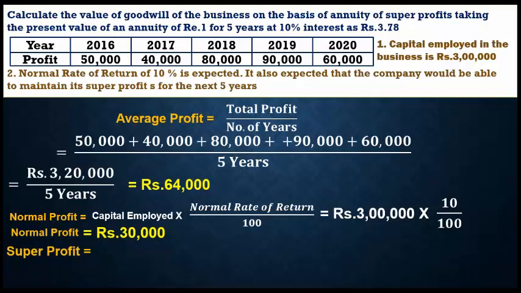Okay, super profit is equal to, what is the formula? Average profit minus normal profit. Now we calculate the super profit.